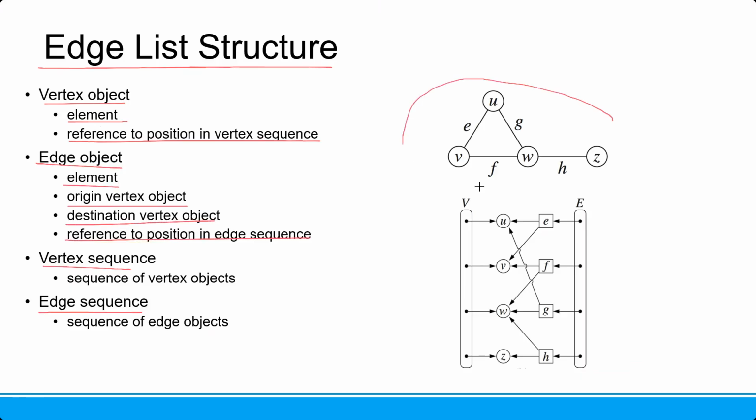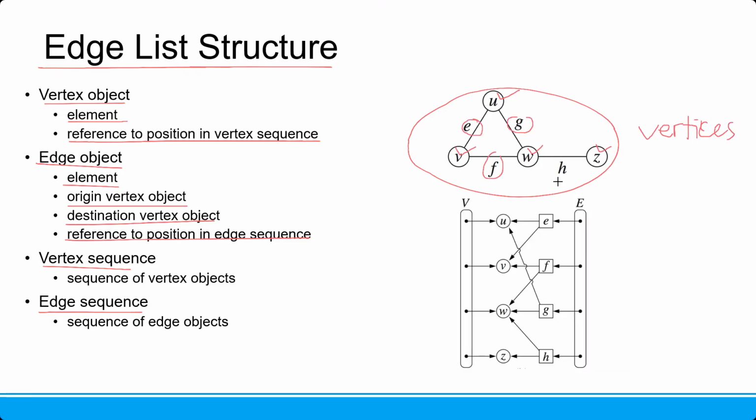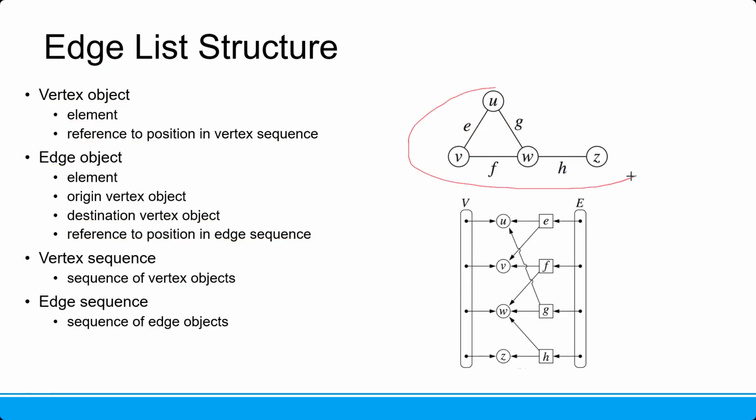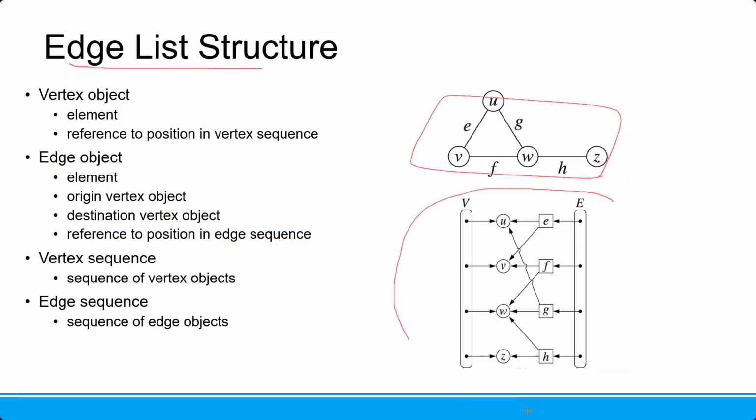Now, let's say we have this graph. In this graph, we have u, v, w, z. These are the vertices. And then we have e, g, f, and h. These are the edges. Okay. Now, we can make this graph with the edge list structure like this one.